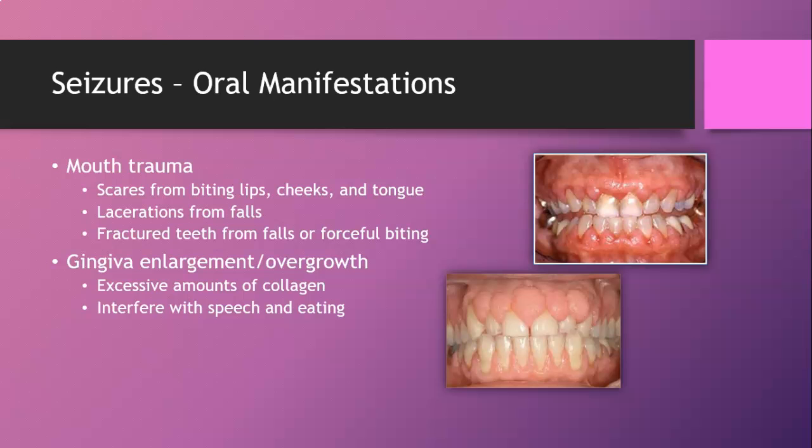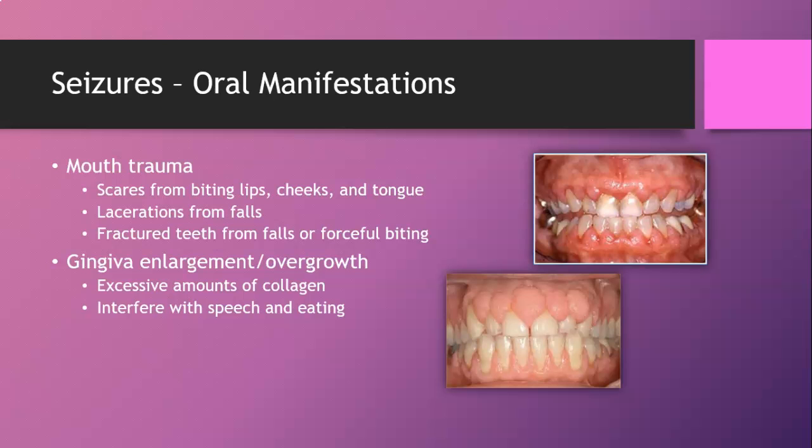And then, of course, gingival enlargement and overgrowth. That's caused from the medication, which causes an excessive amount of collagen, and that's where the gingival overgrowth comes from. It can really interfere with eating or with speech.